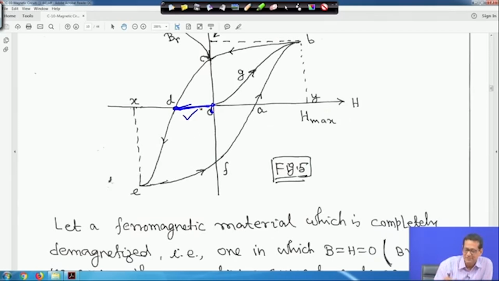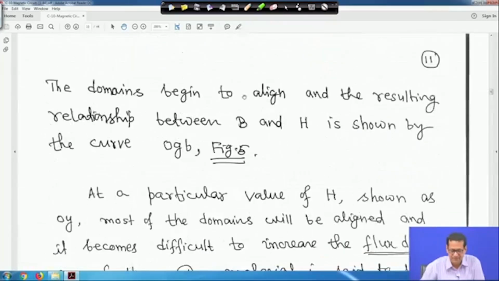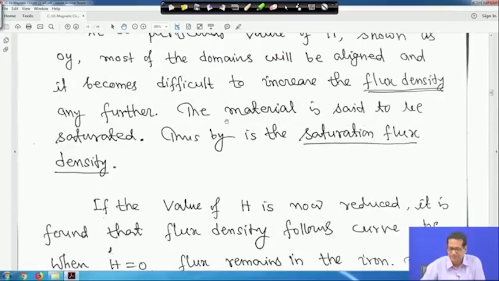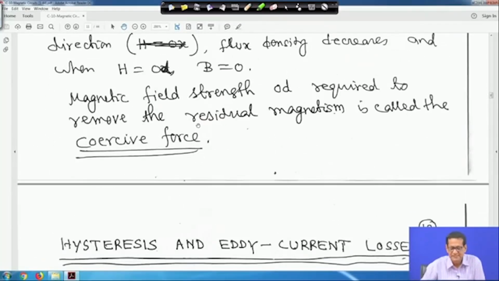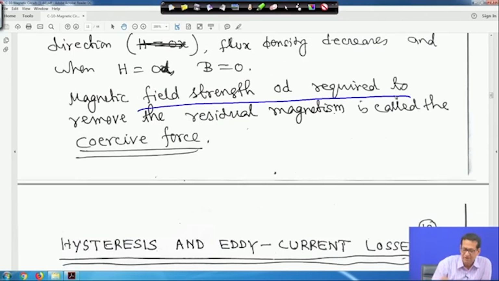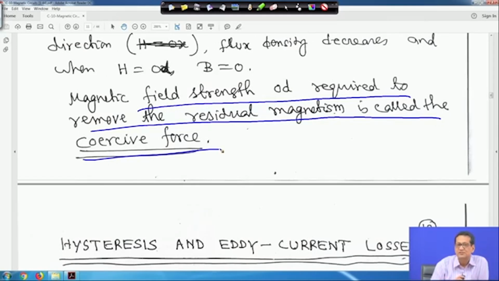This will be a negative value, and this is actually called coercive force. So, the magnetic field strength OD required to remove the residual magnetism is called the coercive force, right.